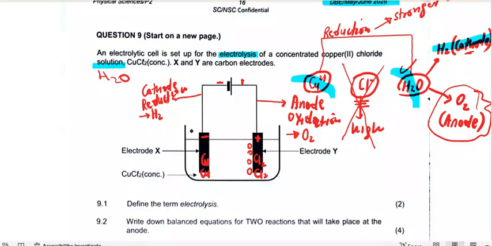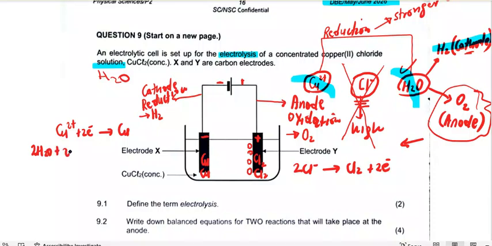So the copper will undergo a reduction reaction. When it undergoes reduction, you write it as it appears in the table, because those are already reduction reactions. For chlorine, you start on this side and move to that side, so it will be 2Cl minus to form Cl2 plus 2 electrons. This one was competing with water, 2H2O plus 2 electrons to form hydrogen plus 2OH minus.